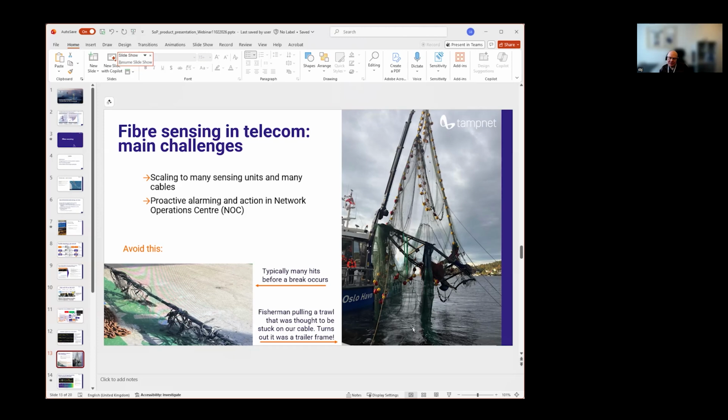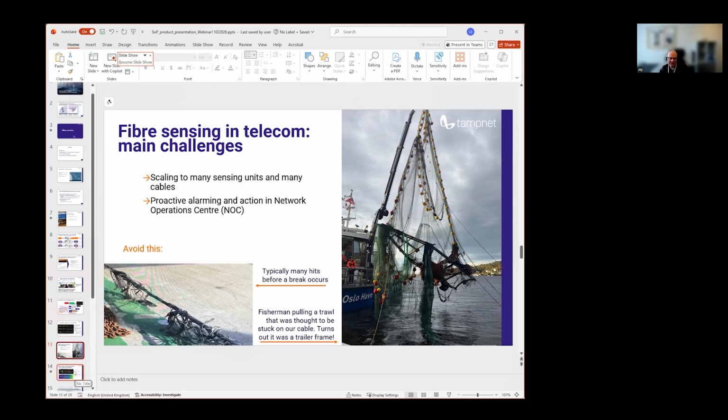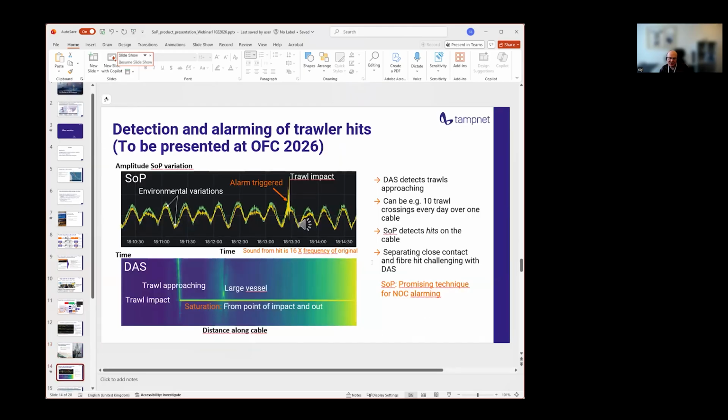And we went into our monitoring system and noticed there was no correlation between the time that he was doing his operations with the trawl and fluctuations in the state of polarization. So we told him that we don't think so, and he got help lifting his trawl. And it was a trailer for a boat. It was not a cable. So it saved us quite a lot of money for doing an inspection.